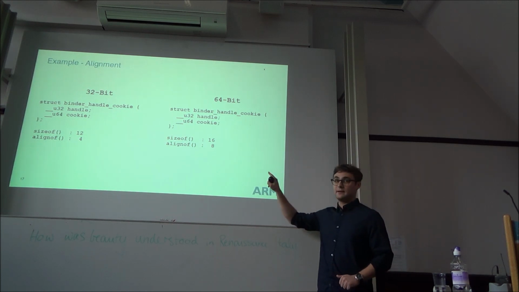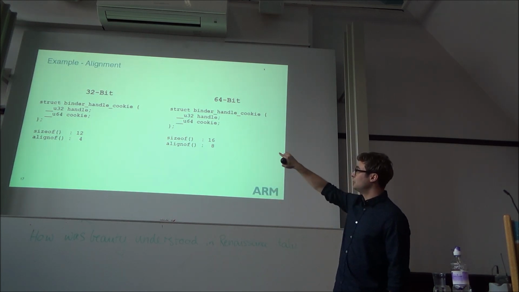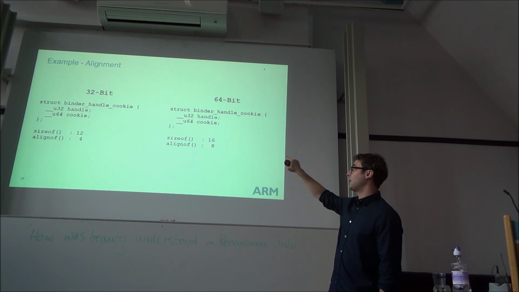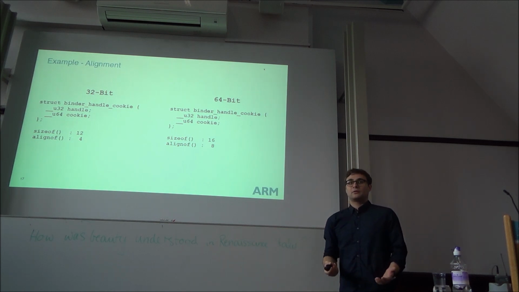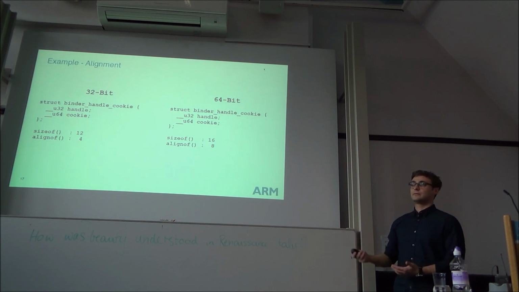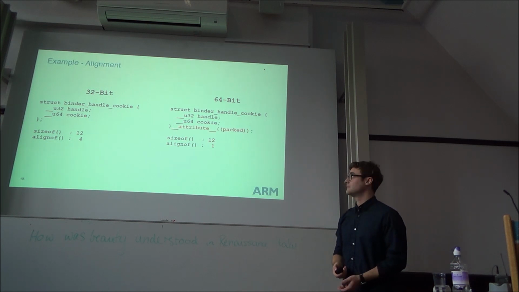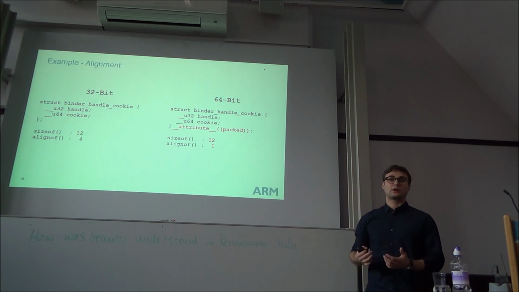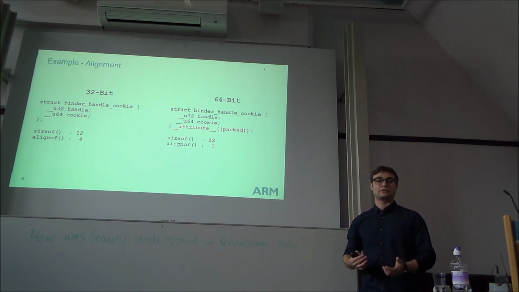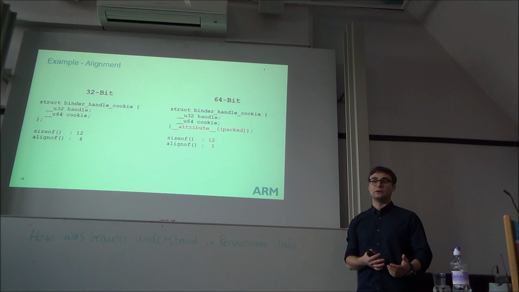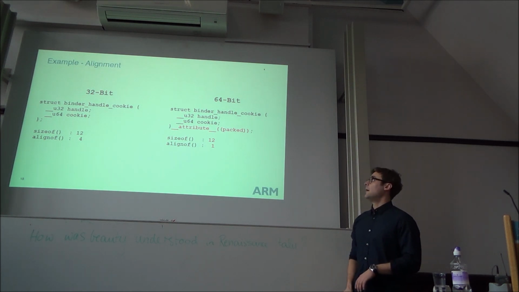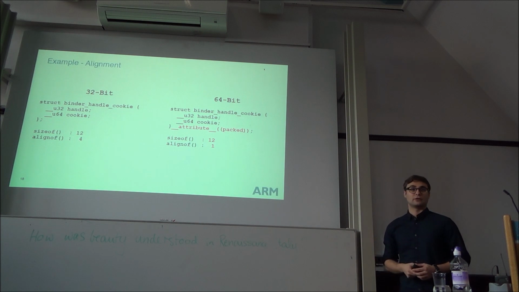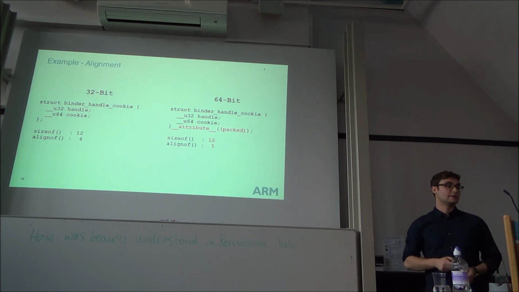So in this case, there would be a hidden u32 inserted in between handle and cookie. So how could I fix that? How could I make sure that these structures are actually the same? Most compilers provide these packed structures and attributes. You have all sorts of attributes coming with Clang and GCC. Some of them are standardized, some of them aren't. But this is basically how you could make sure that those two are exactly the same thing.